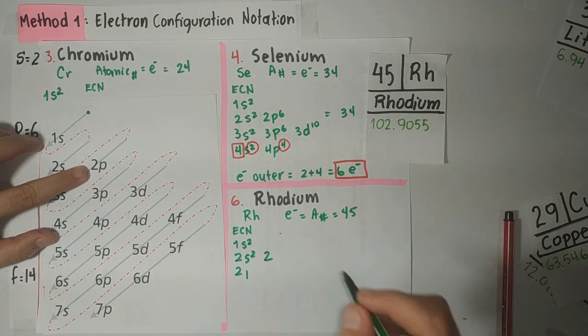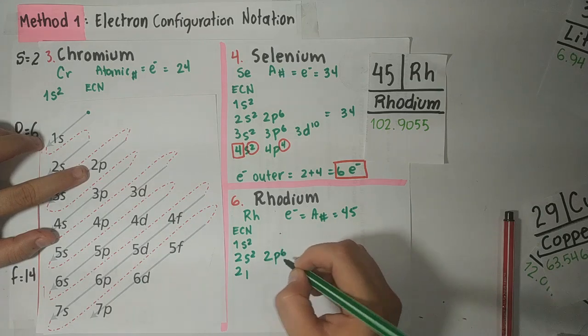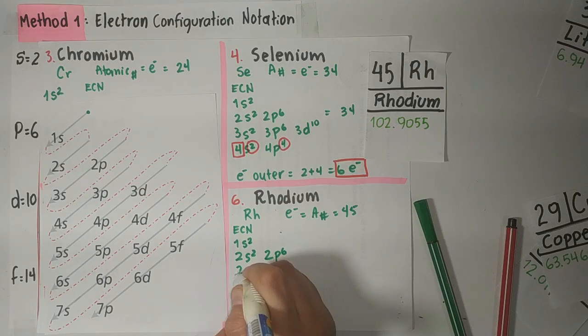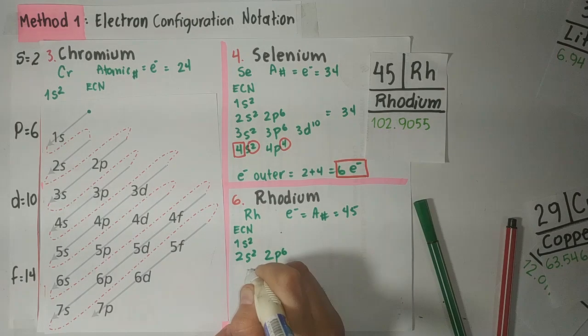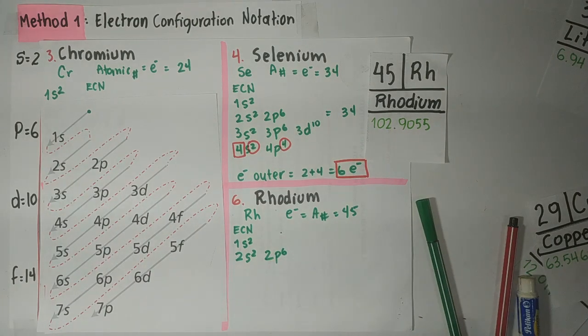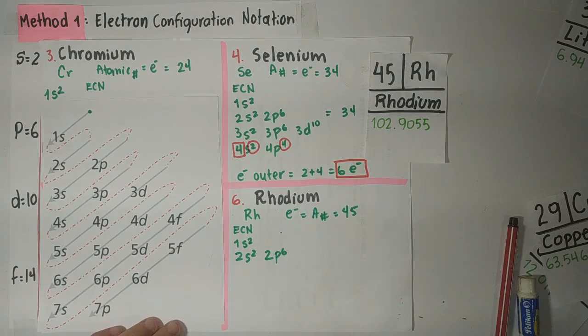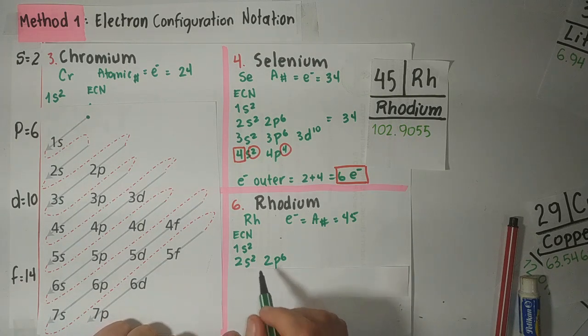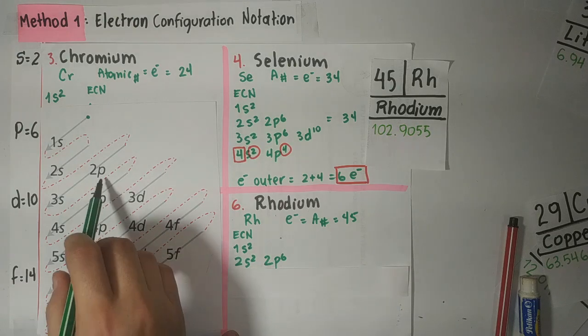2p6, sorry, I will correct this. There you go. Okay, sorry, I have to make a change in the sheet here. Okay, we continue after 2p6.